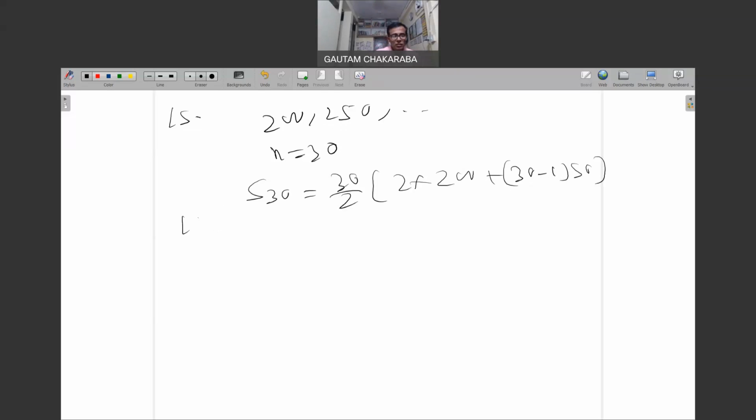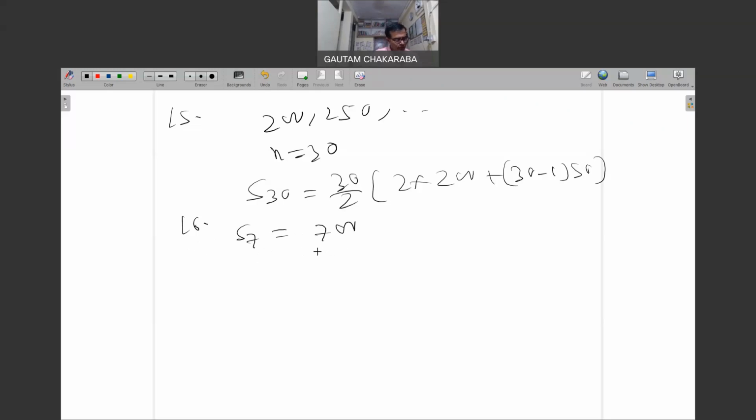Understood. Now question number 16. A sum of rupees 700 is to be used to give seven cash prizes to students of a school for their overall academic performance. So S7 is given as 700, because n is equal to 7. That means the sum of the 7 prizes is 700.